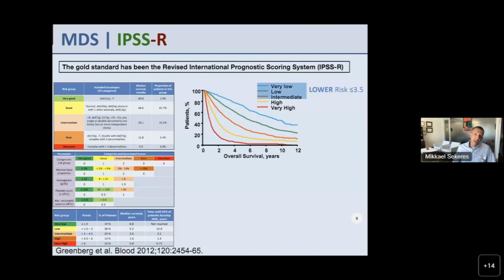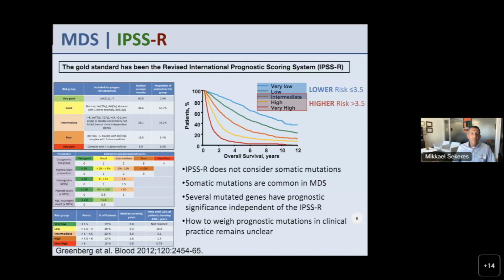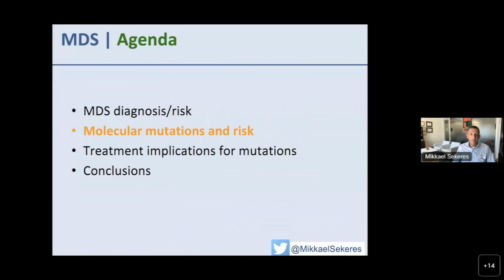You can see that patients who have lower risk disease have a score of 3.5 or lower, and those with higher risk disease have a score that's greater than 3.5. But you will notice that the revised IPSS does not consider mutations. So it has limitations in the modern era when we're looking for mutations in all of our patients.